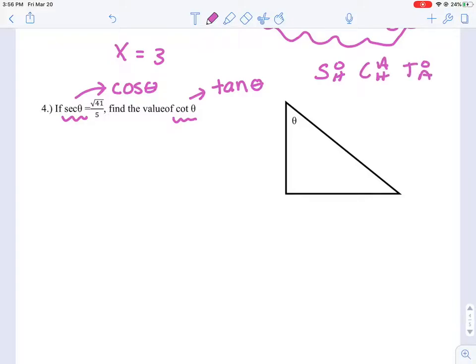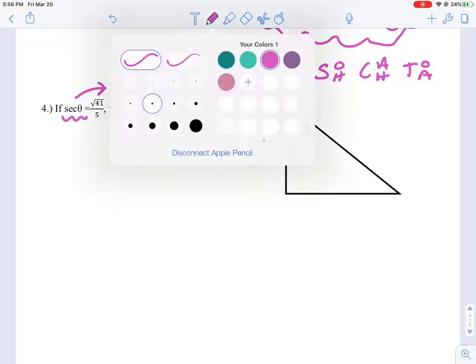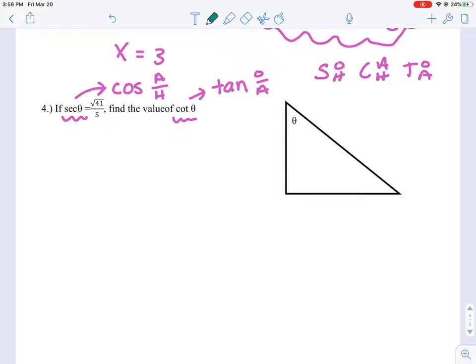Cosine is my adjacent over hypotenuse, and tangent is my opposite over adjacent. So let's figure out what they gave me here. They gave me secant, so secant is then hypotenuse over adjacent. And cotangent, what I ultimately want to find, is my adjacent over the opposite.